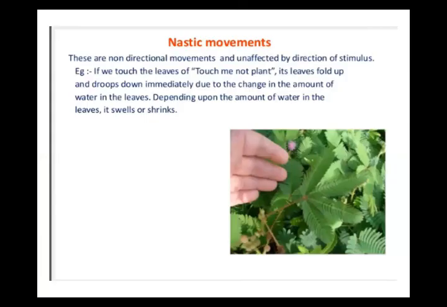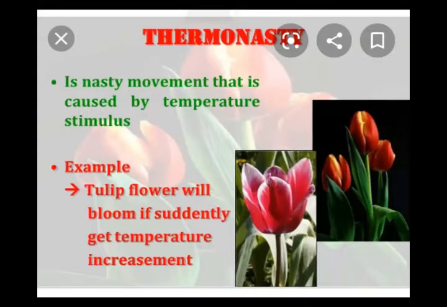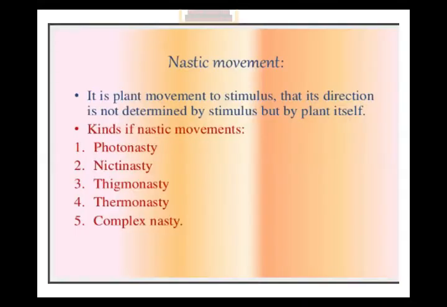The third one is seismonastic movement. This is not directional. One example of this movement is the touch me not plant. If we touch the different parts of the leaf, they close. Nastic movement is the third type of movement.